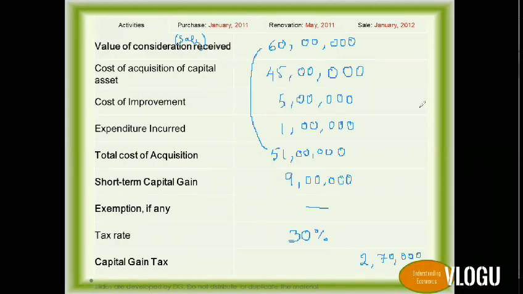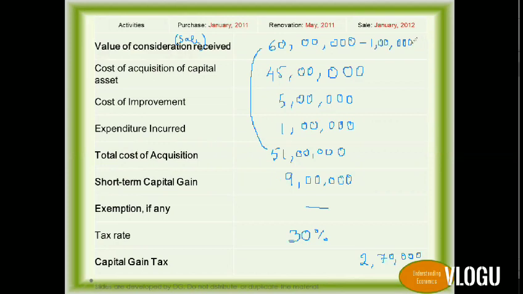But remember here, he has also paid the brokerage at the time of selling. So the value of consideration that has been received is not 60 lakh. We need to deduct 1 lakh rupee also as the brokerage paid by the individual.